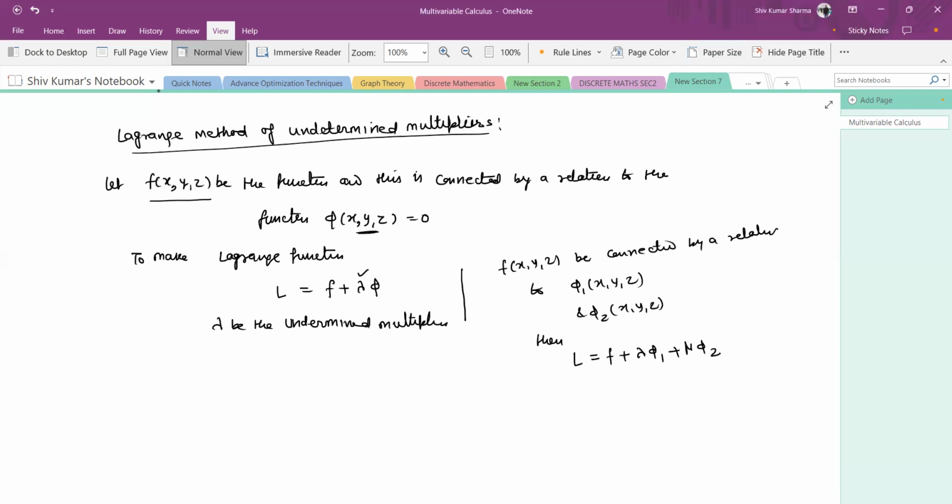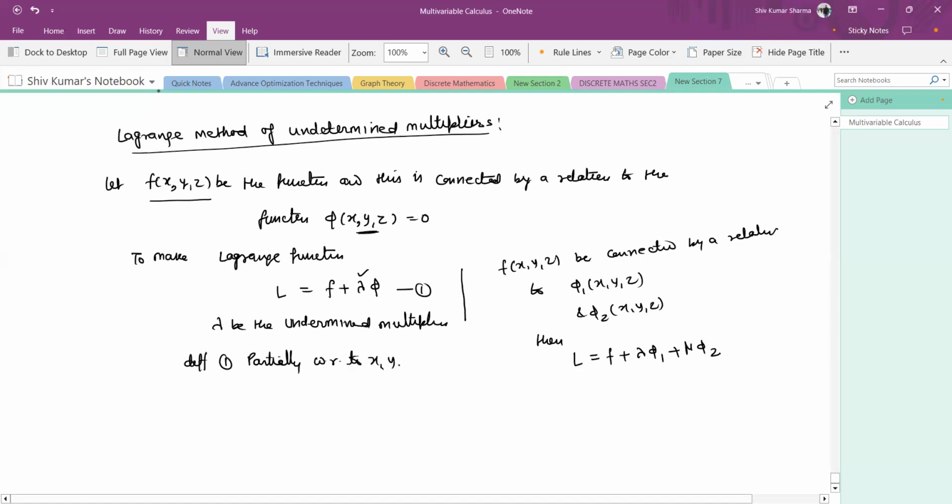So now this is our equation 1. We see that the function f is also a function of x, y, z and phi is also a function of x, y, z. So differentiate 1 partially with respect to x, y and z. So we get del L upon del x is equal to del f upon del x plus lambda del phi upon del x.